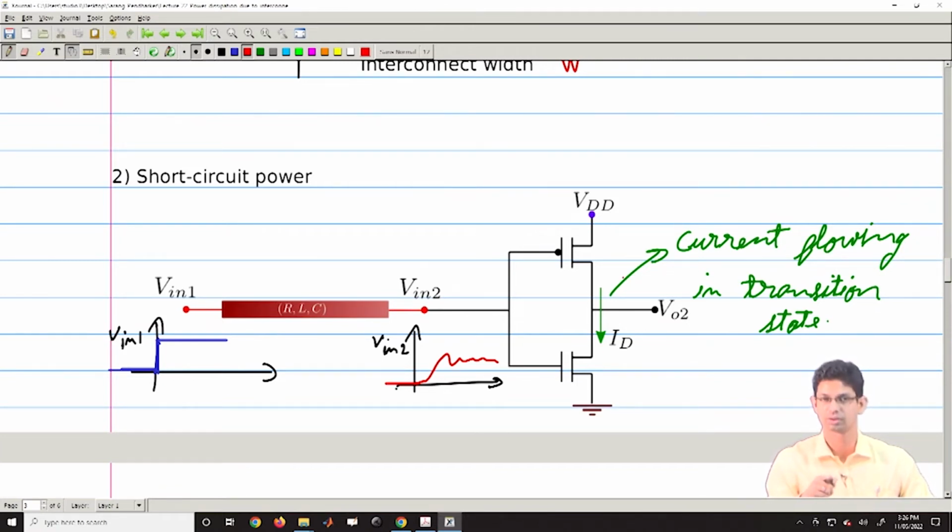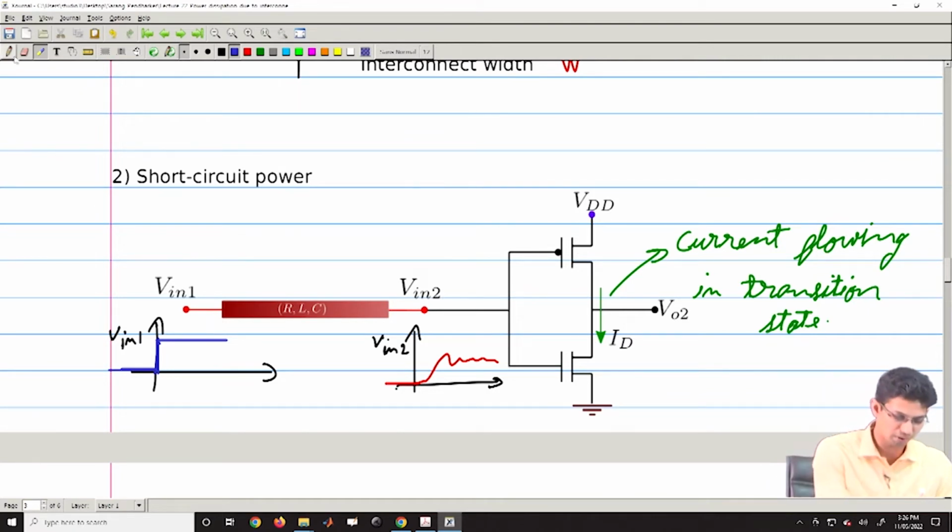However, because of the presence of this interconnect, on top of what lag there might have been here in turning this on and off, there is an additional delay because of the interconnect. So, in this state, the V in itself is not ideal now. So, when there is this transition, there would be a state where both these devices are not in discrete on or off states, and there would be current flowing.